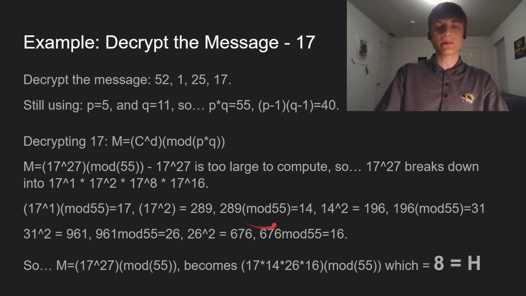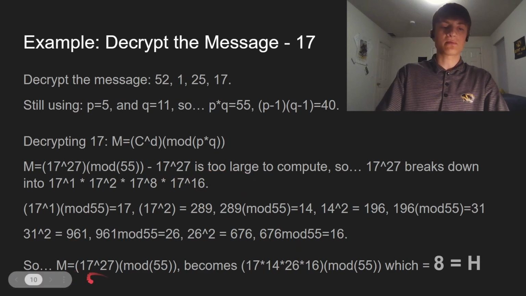The squared becomes 289 mod 55, which is 14. Then we take that squared, which is 196 mod 55, which is 31. The 31 squared becomes 961, and the 961 mod 55 becomes 26, and that continues on down the line, giving us 16 as our final 17 to the 16th mod 55.